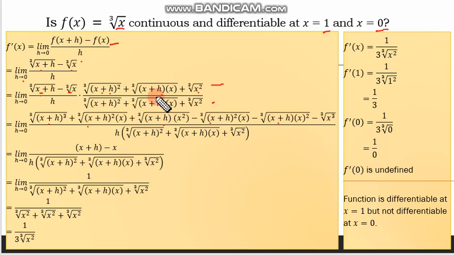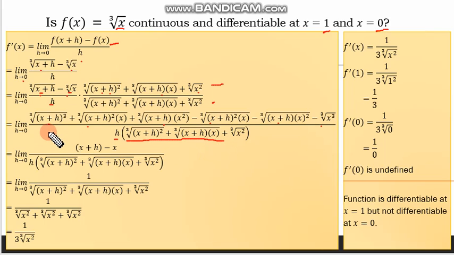Next, the negative cube root of x times the cube root of x squared is negative cube root of x cubed. For the denominator, it's as is, h times the conjugate.